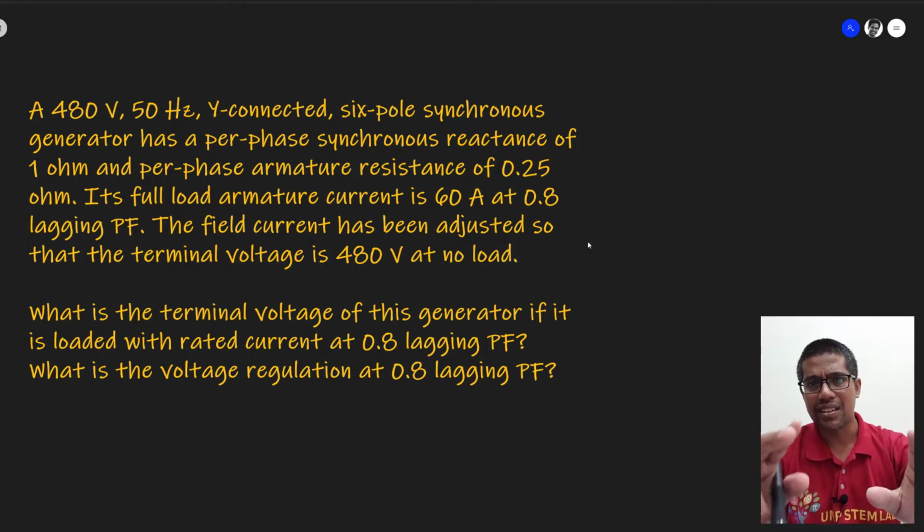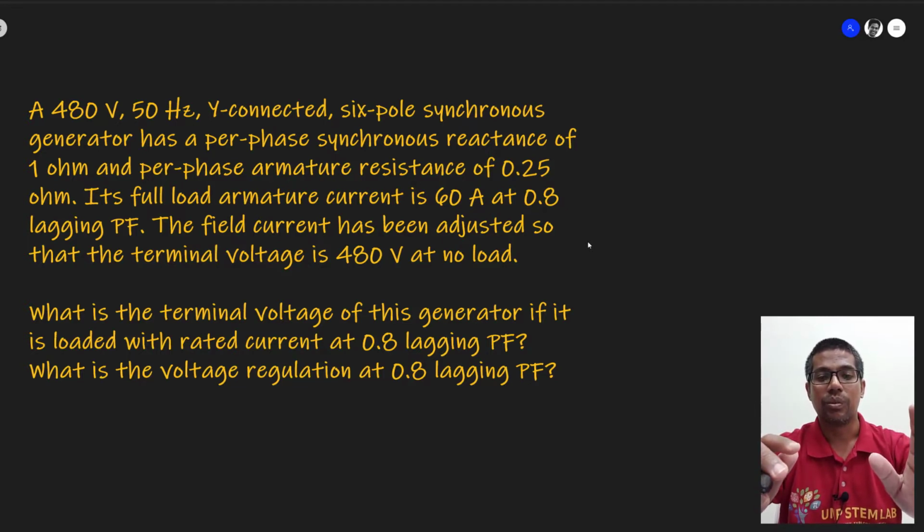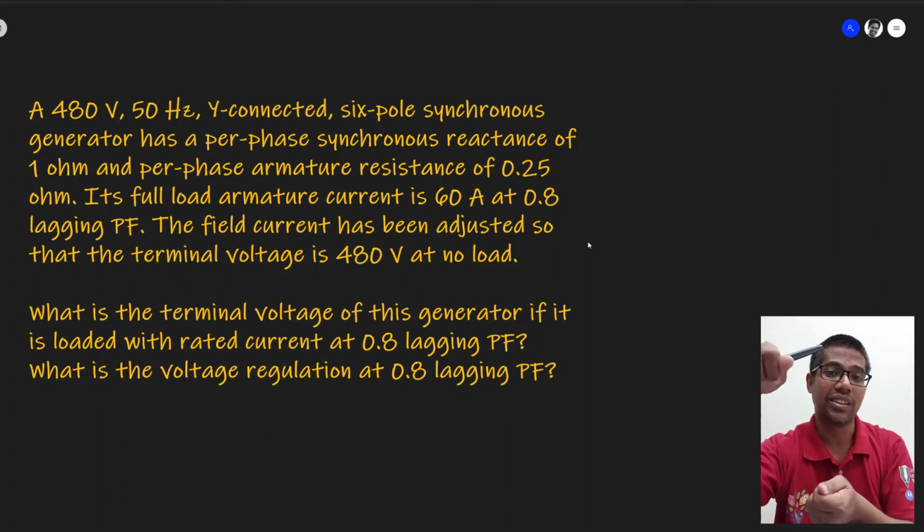This last sentence is actually very familiar. Most of the questions about synchronous generators have this. What does it mean? It means that when we start the generator, we adjust its field current so that the terminal voltage, the output voltage that we measure at the output of the generator, is 480 volt without any load.